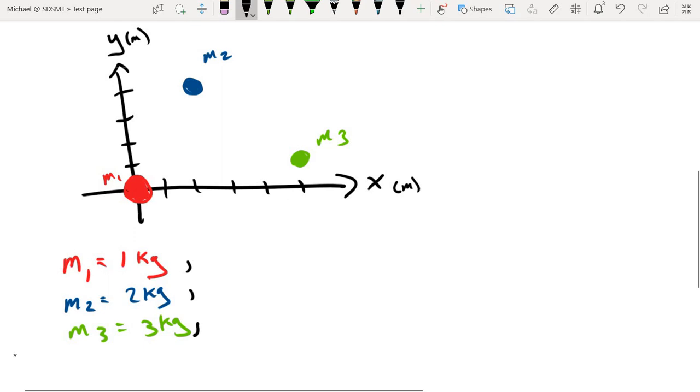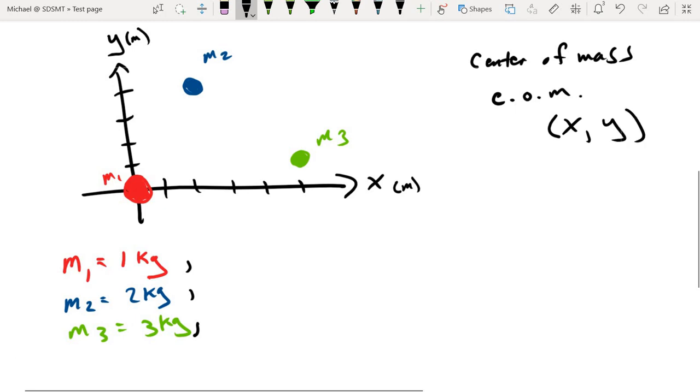And ultimately, since we're looking for the center of mass, and I'm going to shorthand this to COM, center of mass, I'm looking for a physical location that the center of mass will exist at. So we're looking for some ordered pair of x and y position, and that's going to ultimately come from a combination of the mass values and where they are currently located.